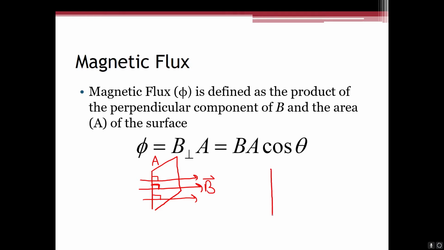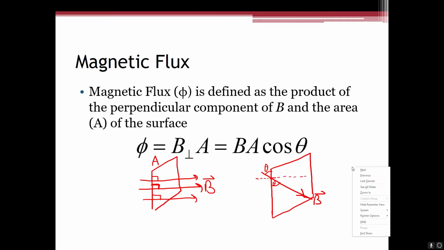Now at an angle, see if I can draw this correctly and see if you guys can visualize this. If my magnetic field passes, let's say this way, then let's see. I want to draw the angle here. There's the angle I want to draw. This is theta. No, I think I want it on the other side.